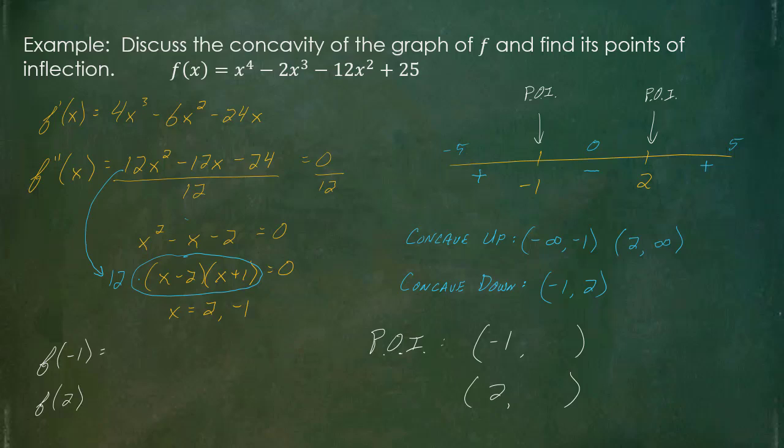So this first one would be -1 to the 4th, which is +1, minus 2 times -1 to the 3rd, so that should switch that to addition, so 1 plus 2. Then minus 12 times -1 squared, so that stays minus 12, and then plus 25.